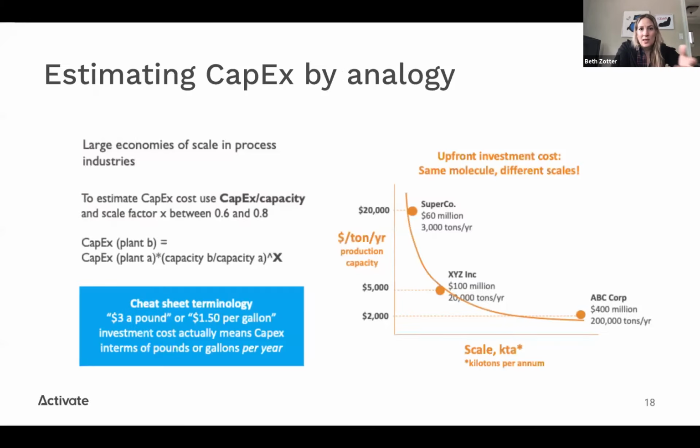So here's an example of CapEx by analogy, right? There are huge economies of scale in fuels and chemicals production.